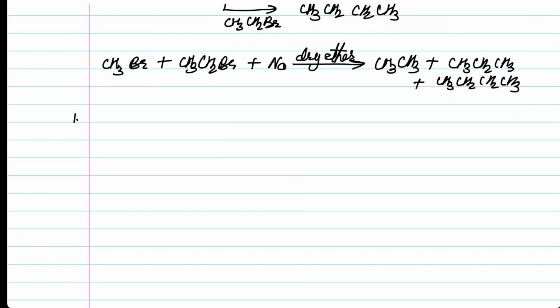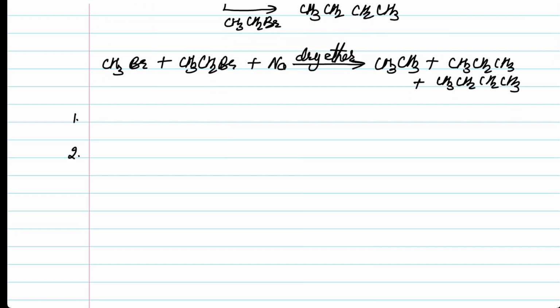The second limitation is that Wurtz reaction is not used to prepare any alkane which requires more than one haloalkane to be present. Something like odd carbon alkanes or unsymmetric alkanes are not prepared using Wurtz reaction.